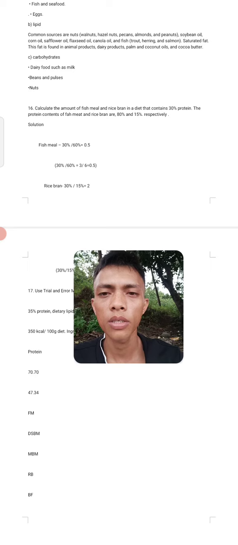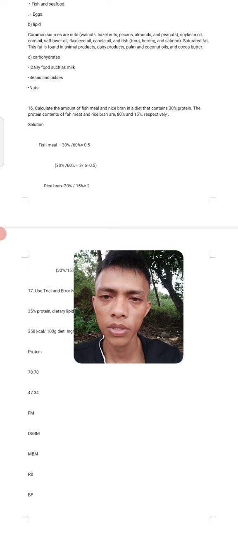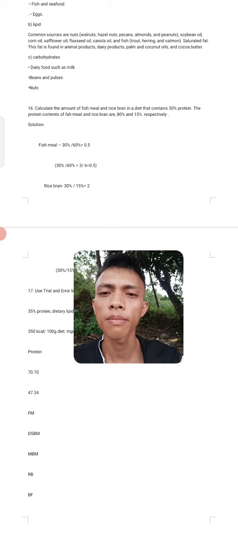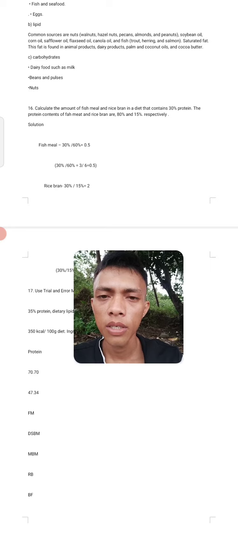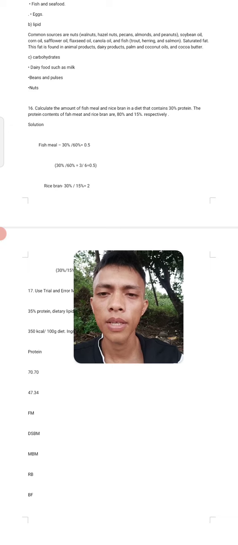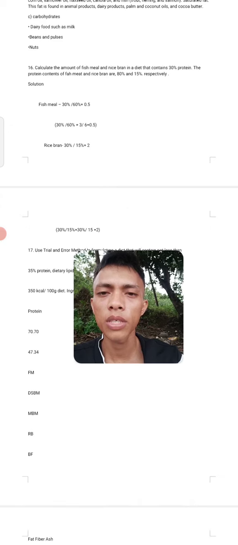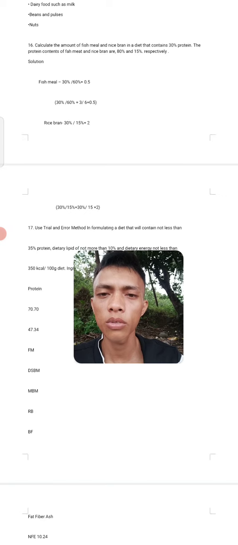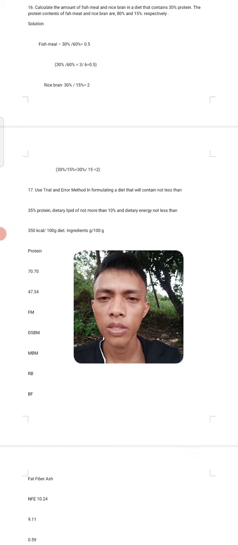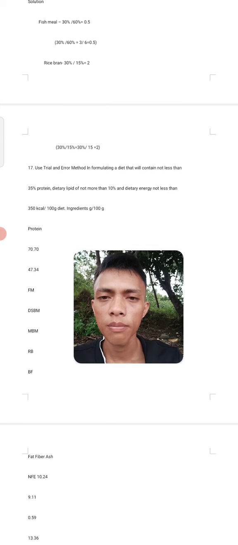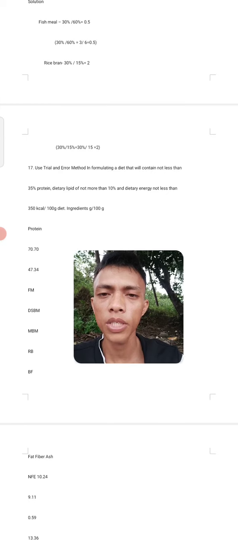So here is the solution. Fish meal: 30% over 60% is equal to 0.5. Rice bran: 30% over 15% is equal to 2.